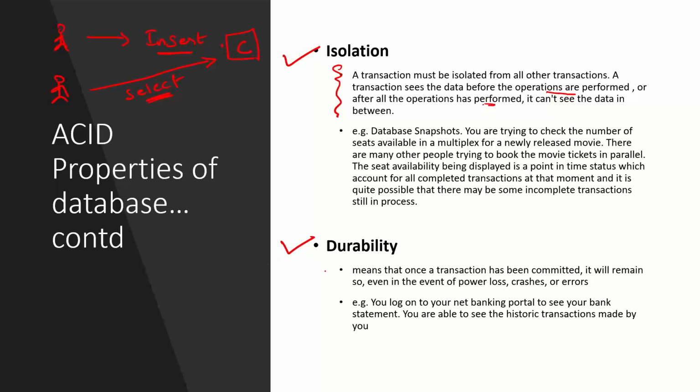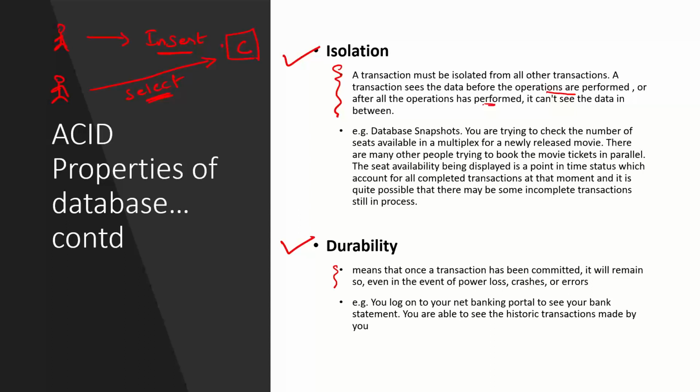Durability: whatever data is committed in the database, if you shut down the server, there is a power loss, or a server crash, irrespective of what happens, when you restart, all data should be available. There should be no data loss.